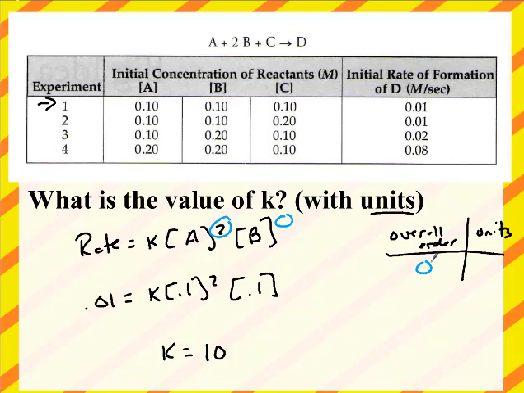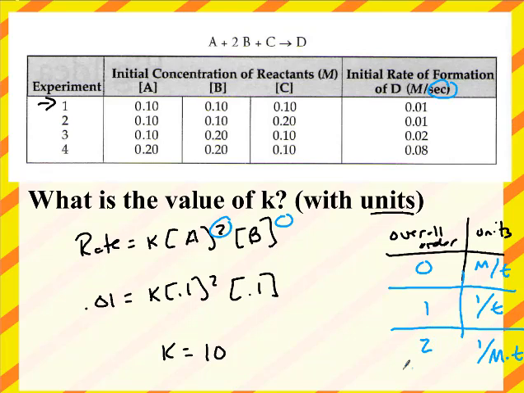If my overall order is 0, my units are going to be molarity over time. And my time is whatever it is in the chart, in this case seconds. First order is 1 over time. Second order, 1 over molarity times time. Third order is 1 over molarity squared times time.